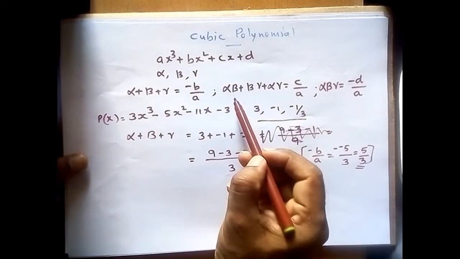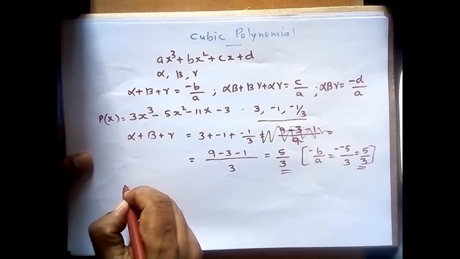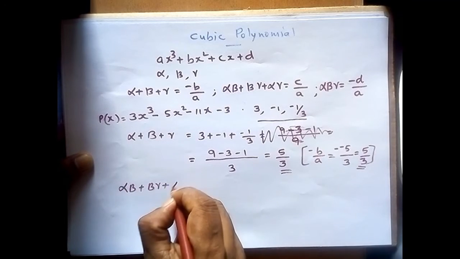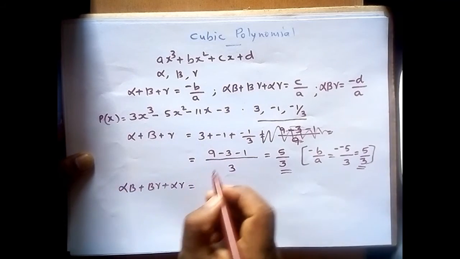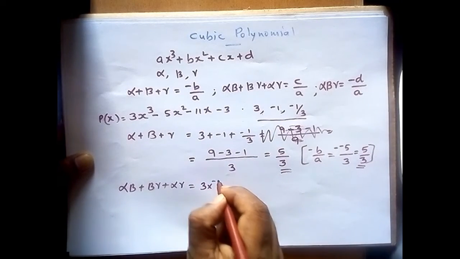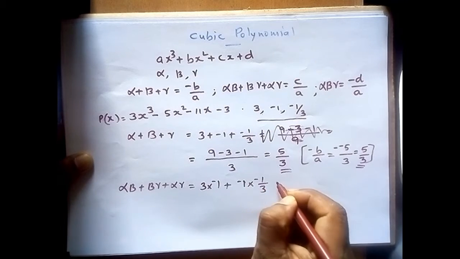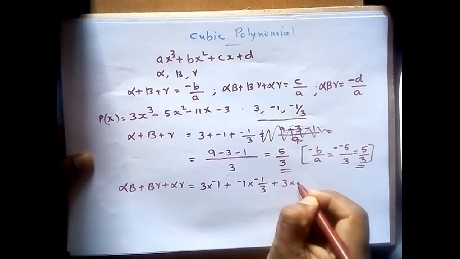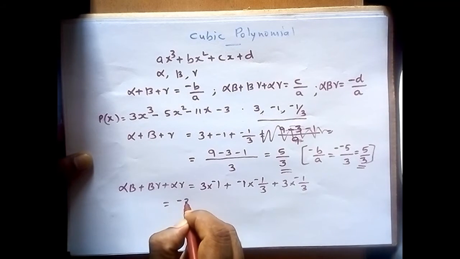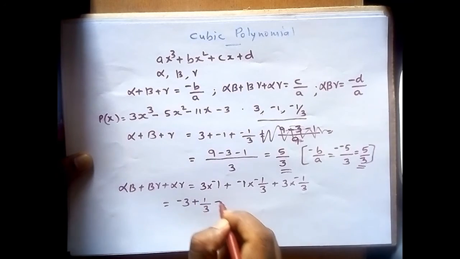Then the second result, what is it telling? Alpha beta plus beta gamma plus alpha gamma is equal to c/a. Let us see. Alpha beta plus beta gamma plus alpha gamma is equal to 3 into −1, plus −1 into −1/3, plus 3 into −1/3, that is equal to −3 plus 1/3 minus 1.